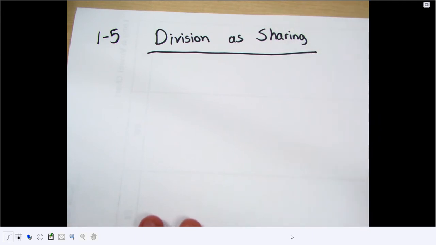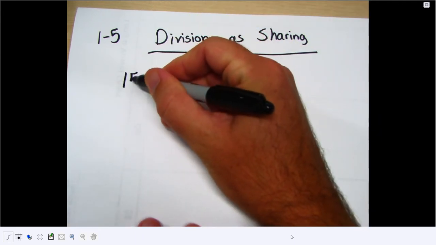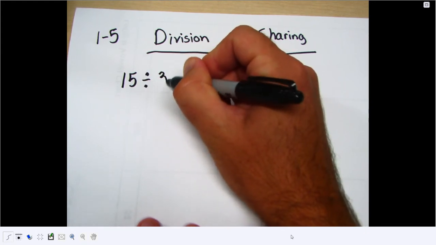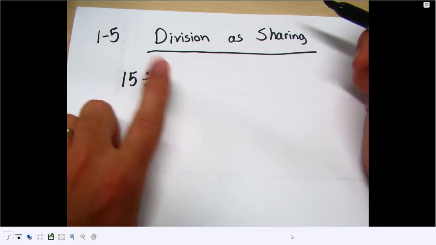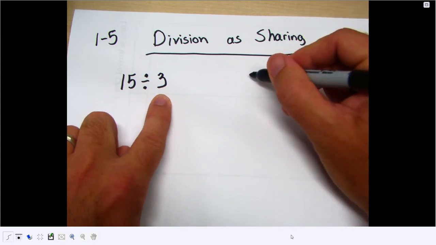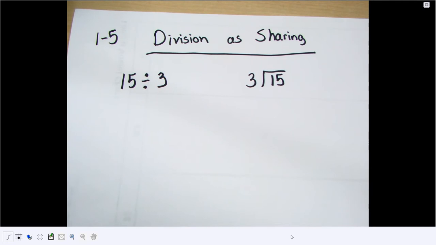First of all, the division symbol. We might see a problem that looks like that. This is 15 divided by 3 is how we would read that. And we all are also maybe going to see it like this.